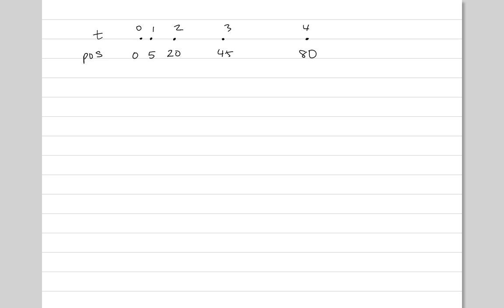So these ticker tape diagrams indicate to you whether it's uniform or non-uniform. So you can see that the spacing is not equidistant. So this is non-uniform motion. And non-uniform motion has a dt graph that's not constant and follows a quadratic shape.